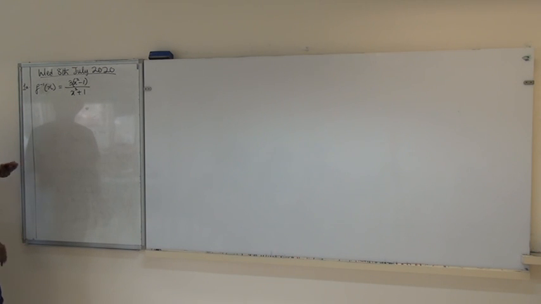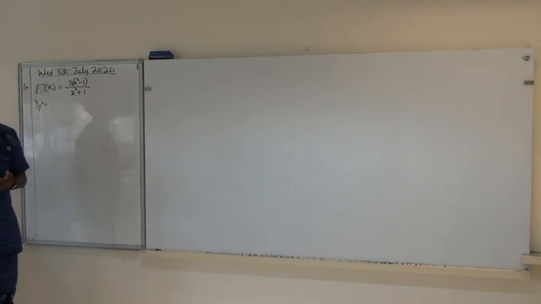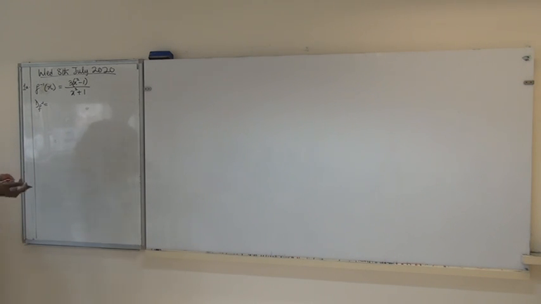Okay. So what we notice is that the domain of F is actually range of F inverse, right? And our F inverse cannot be negative. No. The domain of F inverse is the range of F, right?